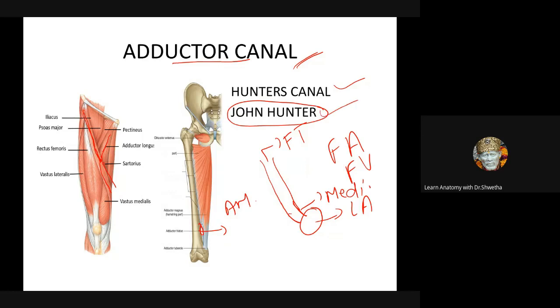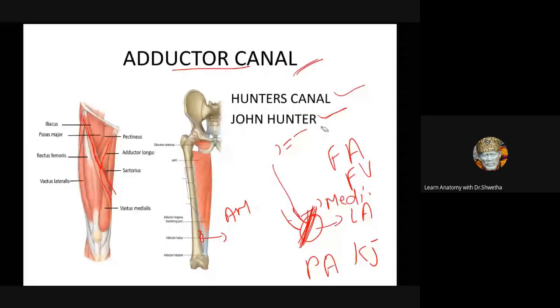In any surgery of the knee joint or the popliteal artery or below knee amputation, what this great surgeon John Hunter did was, he compressed the femoral artery at the linea aspera's medial lip to prevent hemorrhage. That is why it is also called Hunter's canal. Now we will see the boundaries of this canal. So what is the extent of this canal, students?